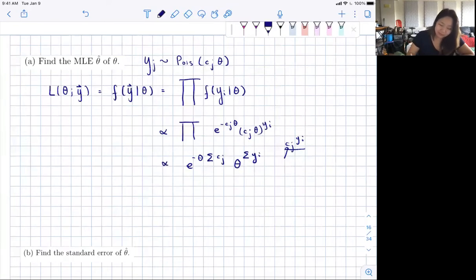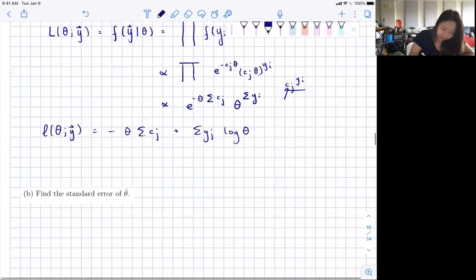Now we're going to take the log of that for the MLE. So the log likelihood is equal to negative θ sum c_j plus sum y_j log θ.